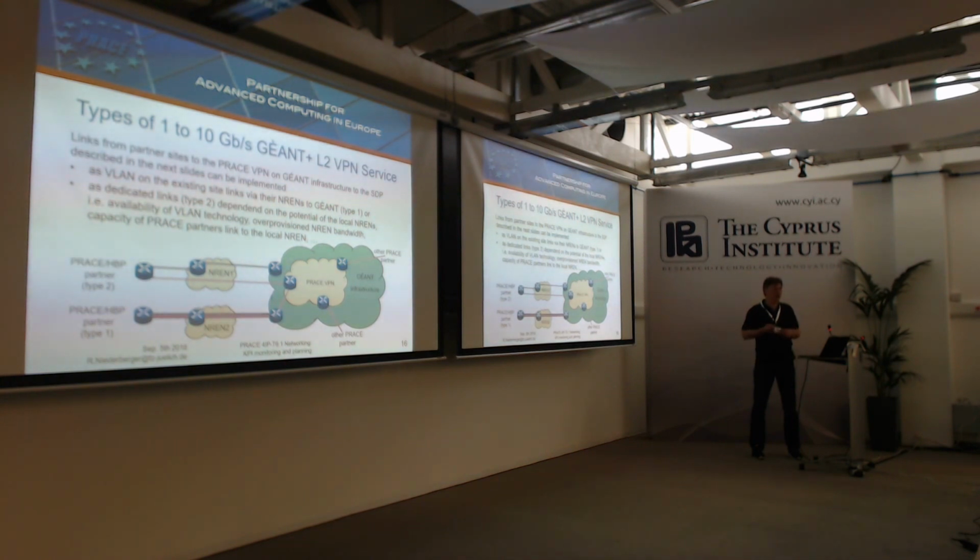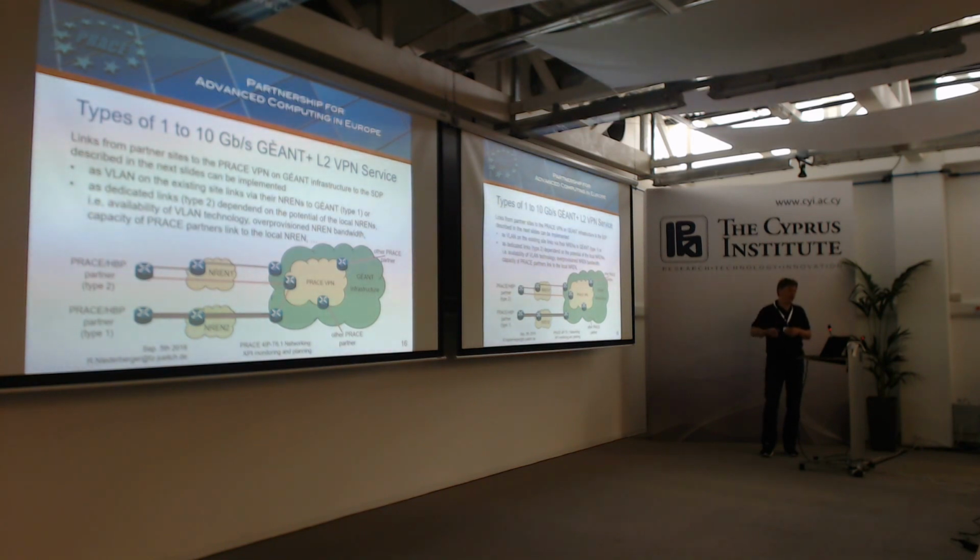So at the end of 2016, the management board of PRACE decided, yes, we go this way. And since then, we are migrating. The end of migration should be the end of this week. So, let me say, a little more than half of the PRACE partners have migrated.